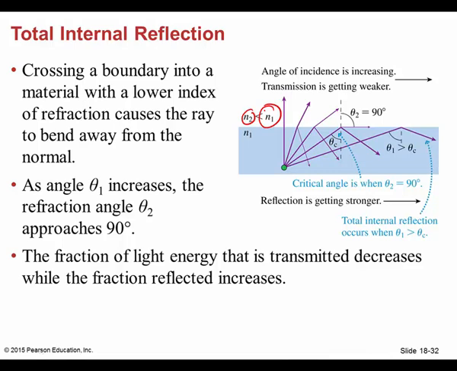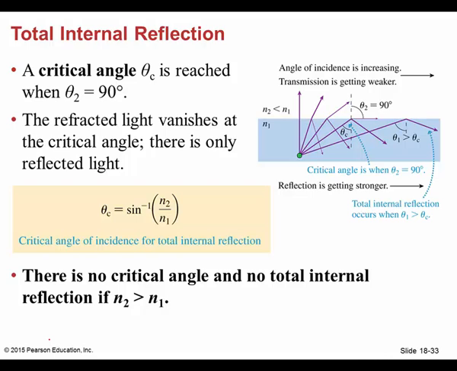Now you say, well, how do we know what angle the object has to be set at to get it to totally internally reflect? Well, that is where Snell's law is adapted into this right here, and we say theta 2 is at 90 degrees. Now you say, where is the 90 degrees? Right there.